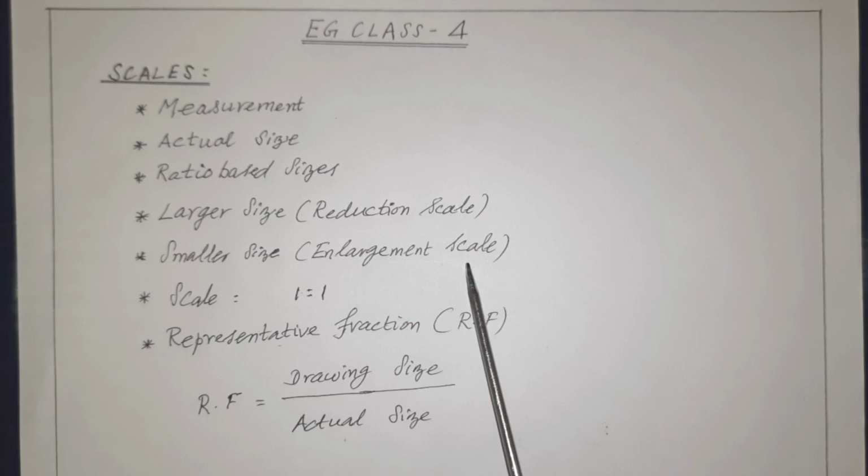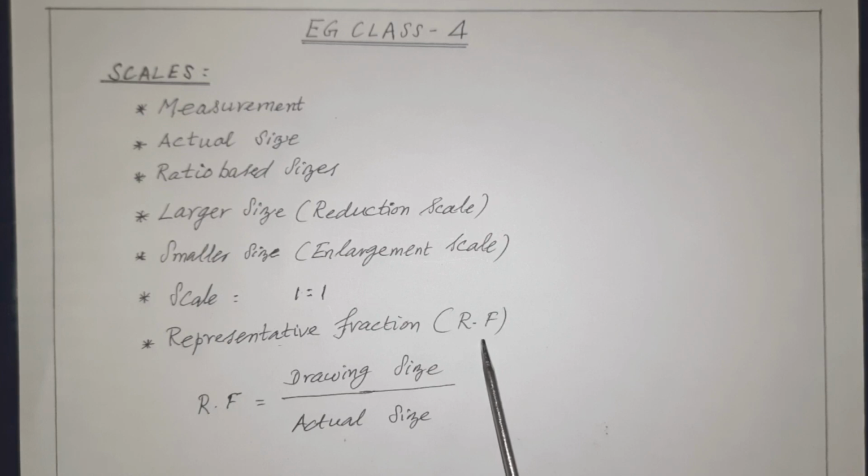Now we see what is meant by normal scale. Normally, when the actual size of the object is drawn as it is, then the scale is 1:1, as shown here, without reduction or enlargement. When the actual size is not possible to draw, to decide about the scaling, you have to use representative fraction, that is RF in brief.